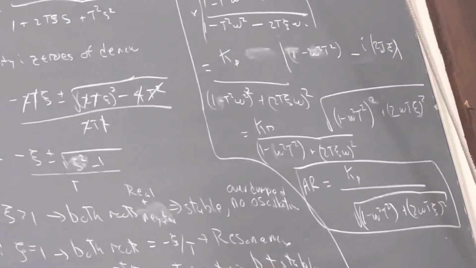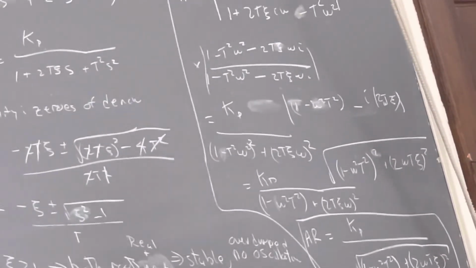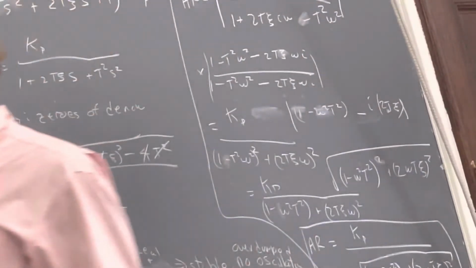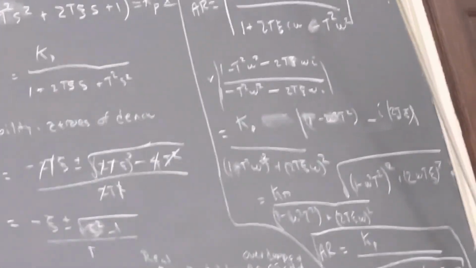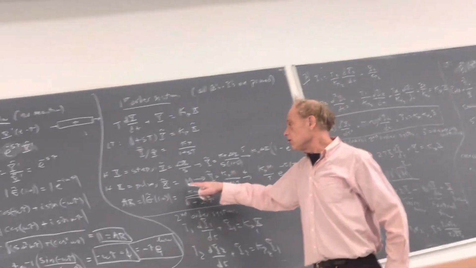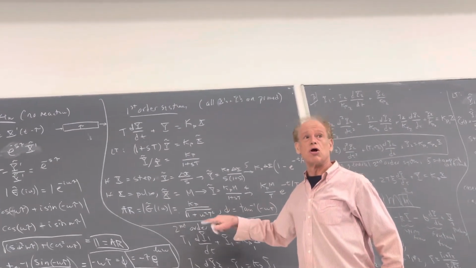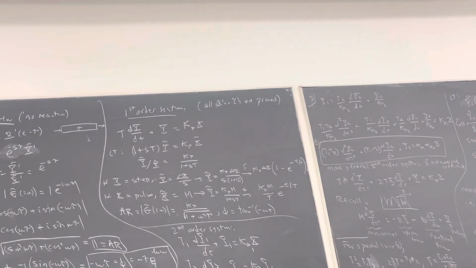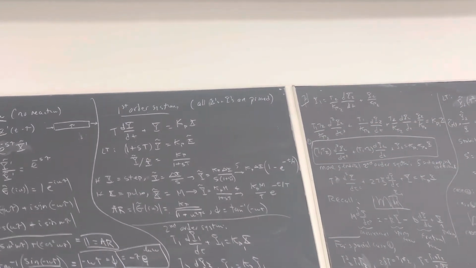And now we can examine this for a second and compare it with the amplitude ratio we had for a first order system. For the first order system, the denominator was always bigger than 1. So the amplitude ratio was always smaller than kp. However, over here, that need not be the case.